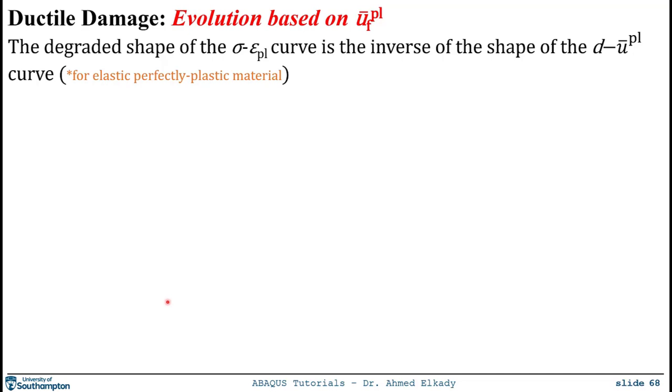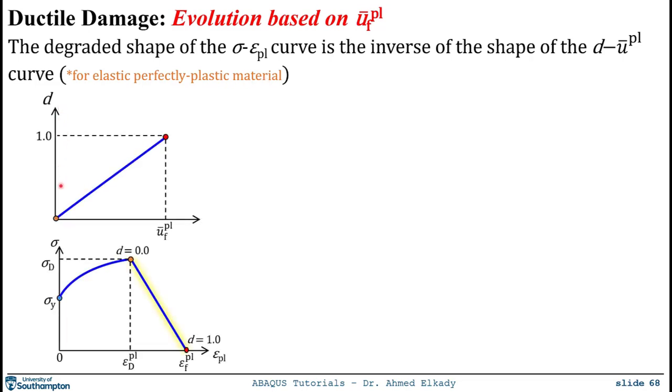Now, you should note here that the degraded shape of your stress plastic strain curve is the inverse of the shape of your damage parameter plastic displacement curve. This is exactly the case if you defined an elastic, perfectly plastic material, like a material that doesn't have hardening.